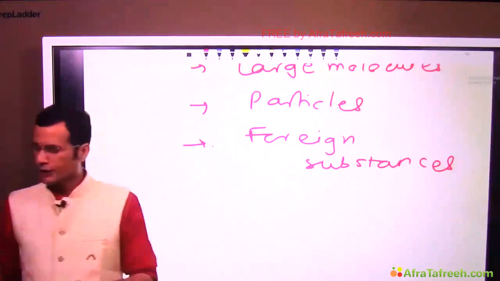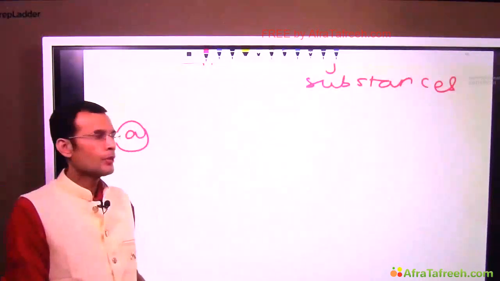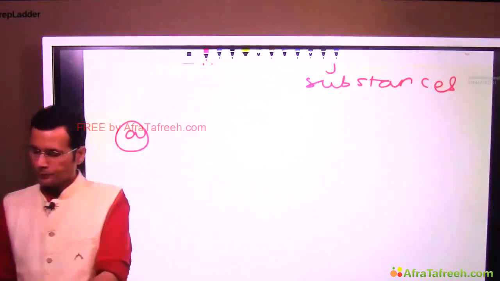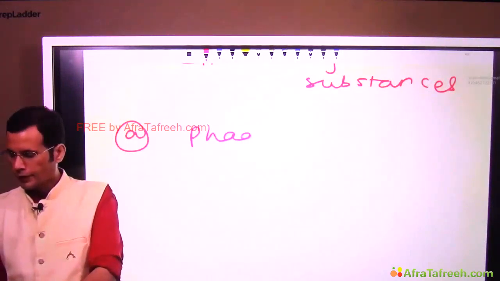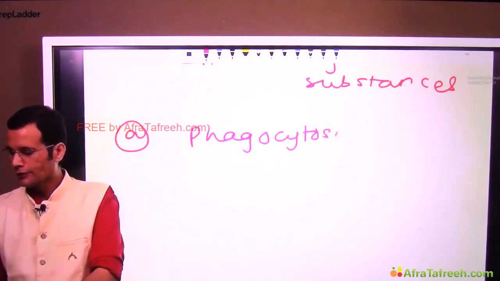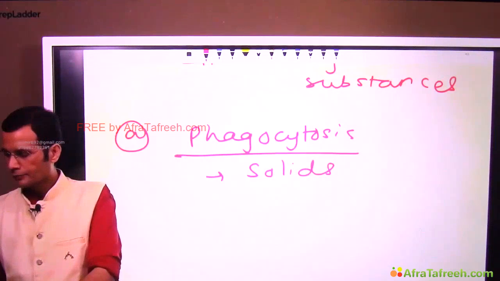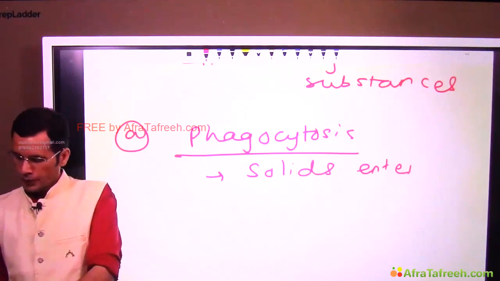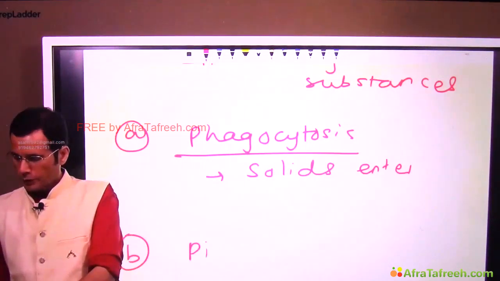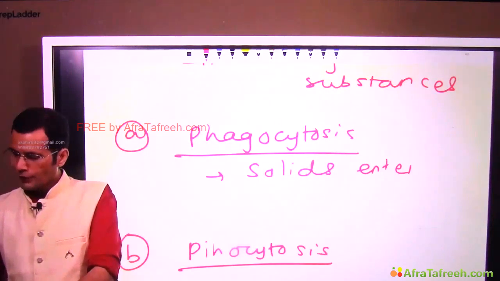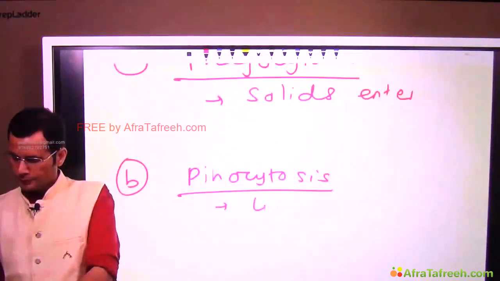Two types of endocytosis, based on what type of substance is entering the cell. It's called either phagocytosis, when solids are entering the cell, and pinocytosis, when liquids are entering the cell.